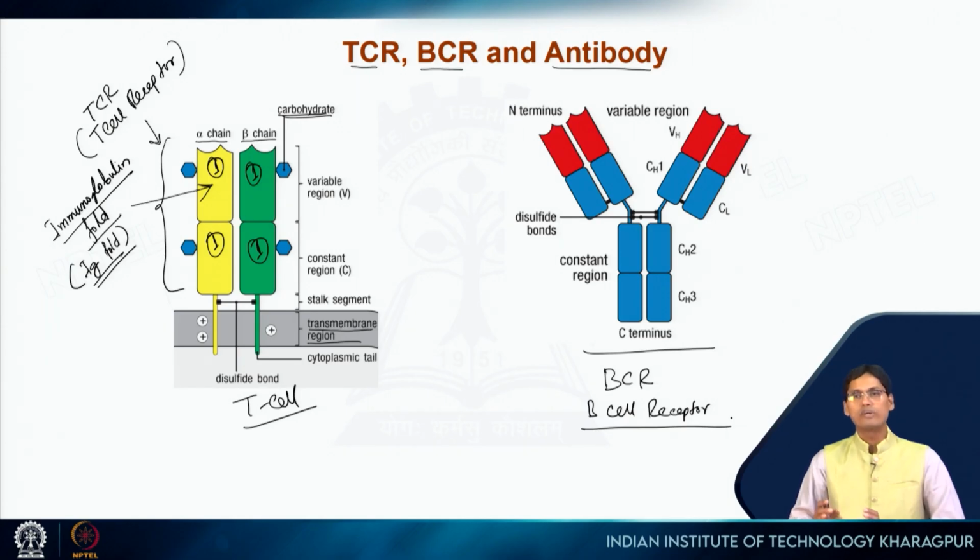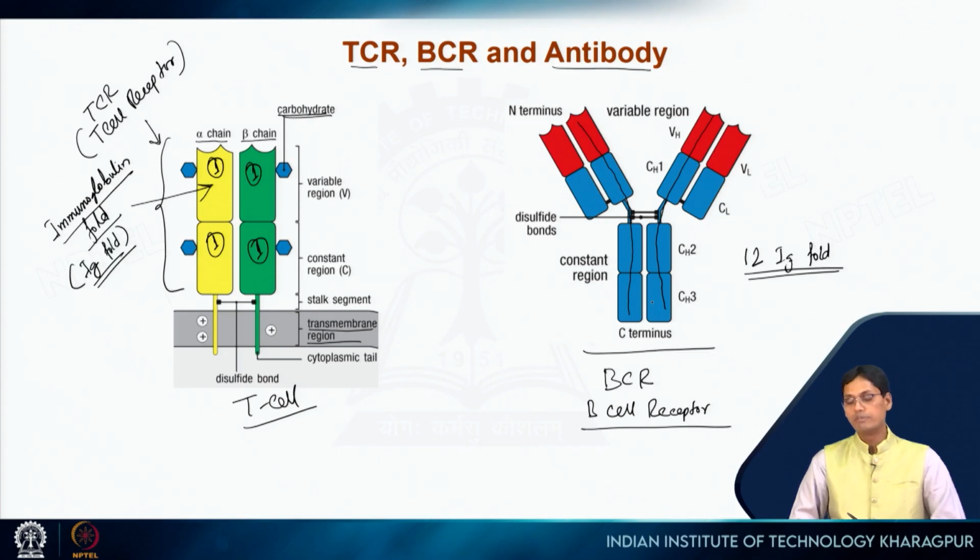There are different classes of antibody. I will discuss that a little later. So here you see multiple immunoglobulin folds. In this case, 12 Ig folds are present. And as you can see, as I am drawing here, this is one polypeptide chain, and this is another polypeptide chain.